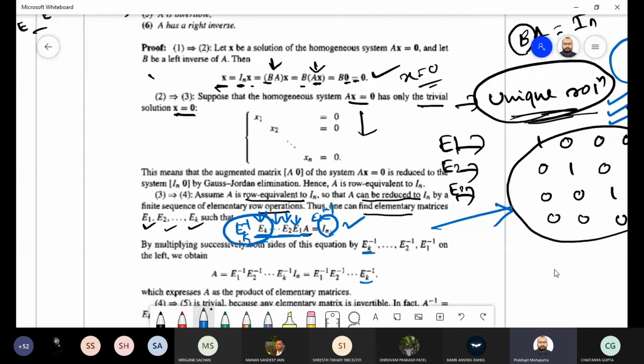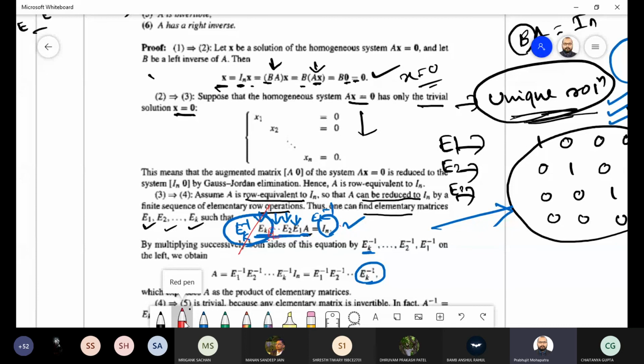So now the right hand side also has Ek inverse. Ek inverse into Ek, what will you get? Identity matrix only. Again you multiply by E(k-1) inverse, on the left hand side as well as the right hand side.